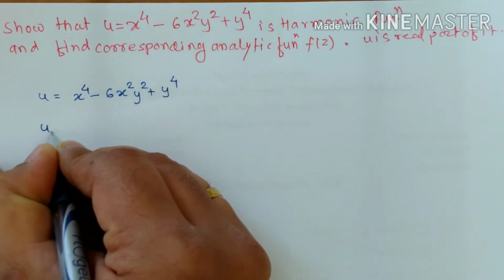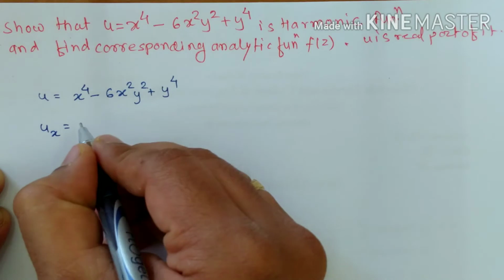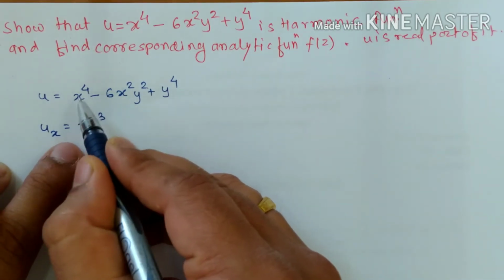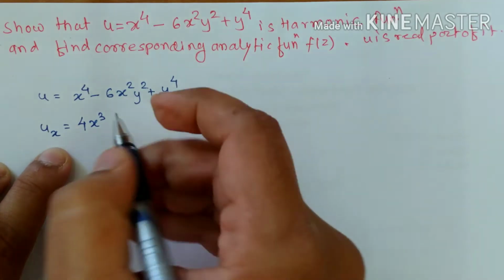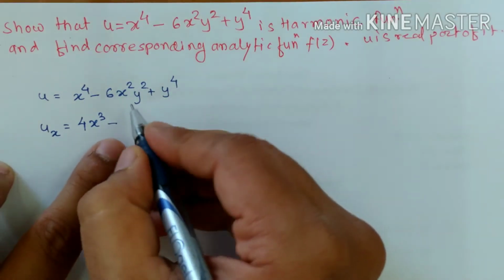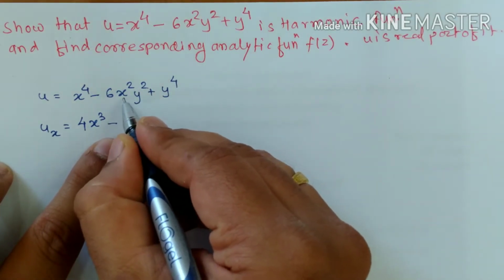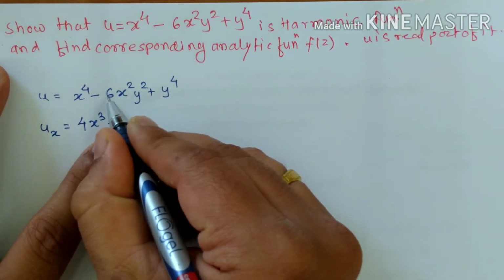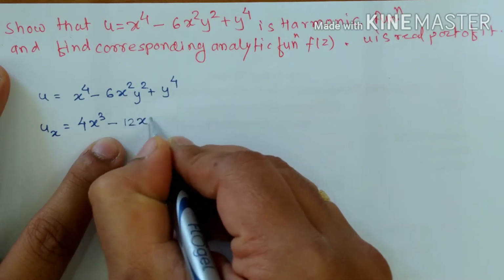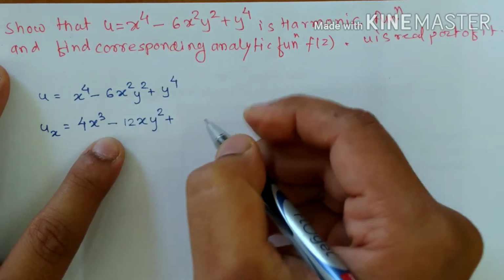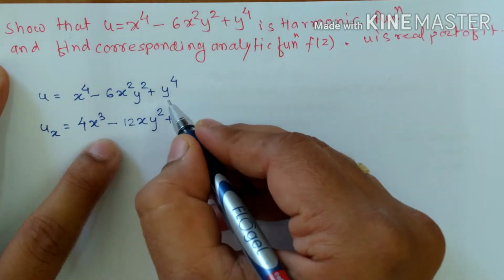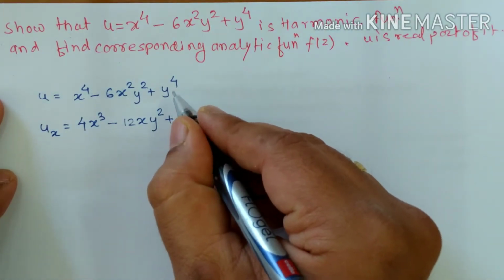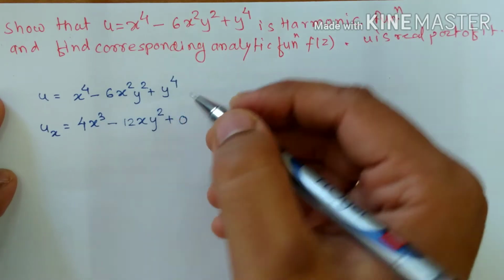Its first order partial derivative ux is equal to 4x cube, that is derivative of x raised to 4 with respect to x, minus 6x square y square. Here the term of x is x square whose derivative is 2x. So 2 into 6, that is 12x y square we get, plus derivative of y raised to 4 with respect to x is 0 because x is not present in this term, so it is treated as a constant.